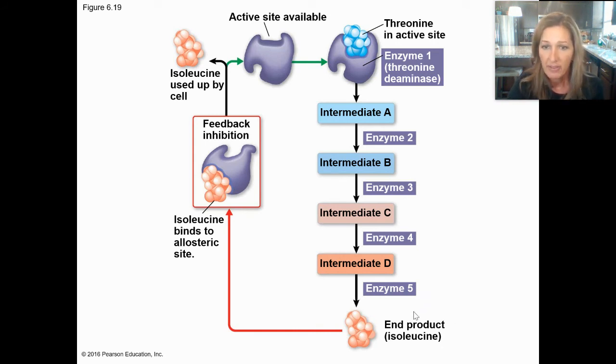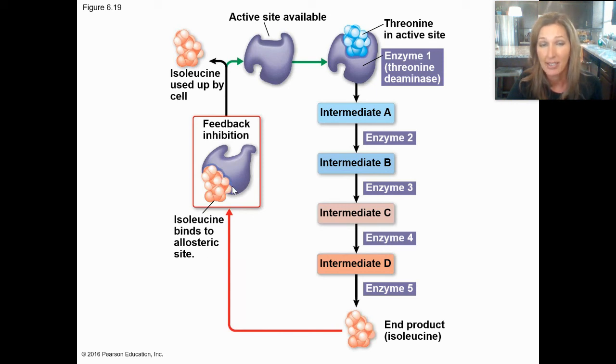Well, in this feedback inhibition, if you're a cell and you've now made plenty of isoleucine, you want to stop the production of isoleucine. You don't want to just keep on wasting energy making more and more of this product that you don't need. So what ends up happening in cells is this end product often acts as an inhibitor.